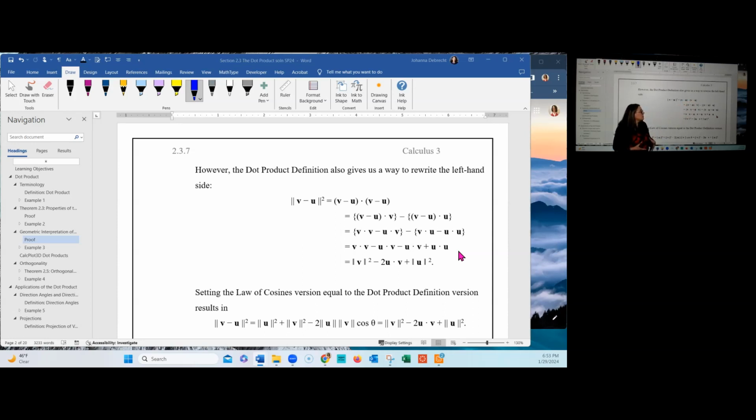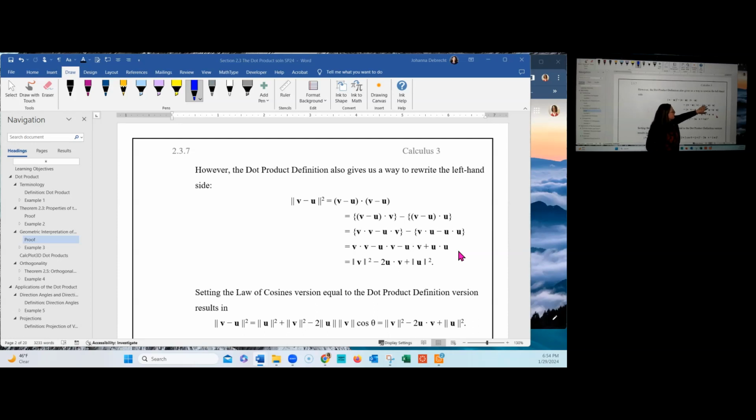And we're going to do this using basically the distributive property. So we have v minus u dotted with v, minus v minus u dotted with u. So we are applying the distributive property. Then we can apply the distributive property again, and this will give us v dot v minus u dot v.